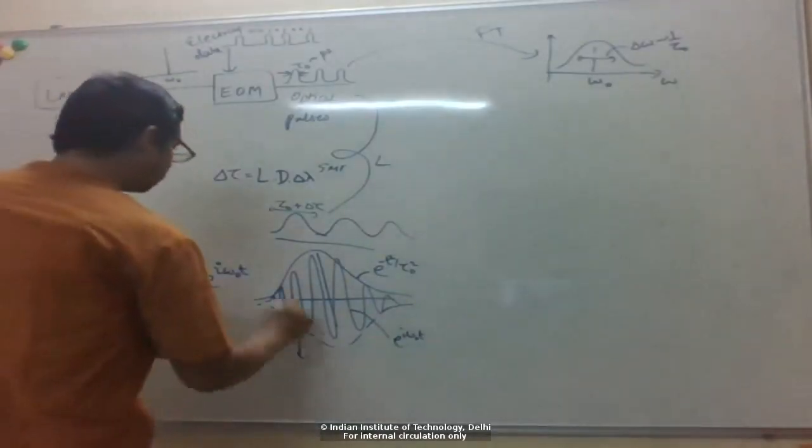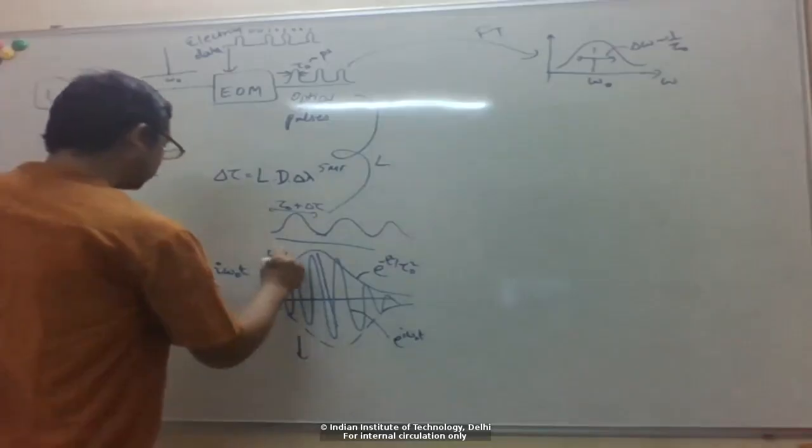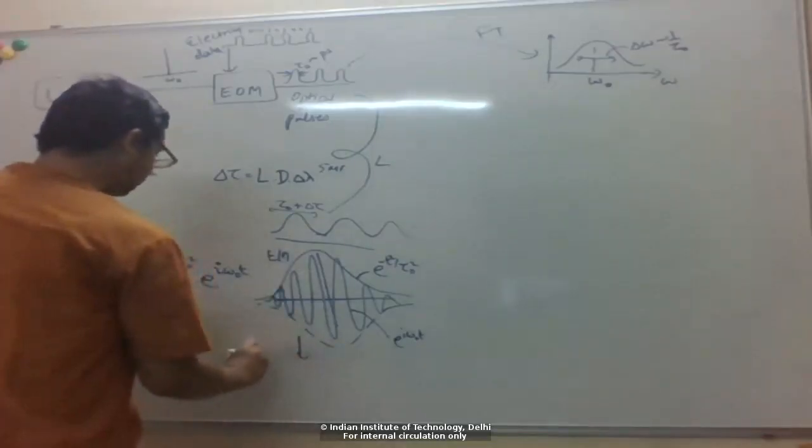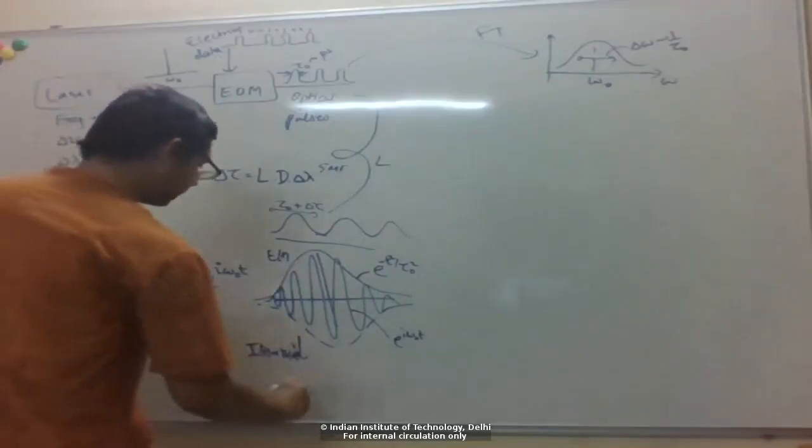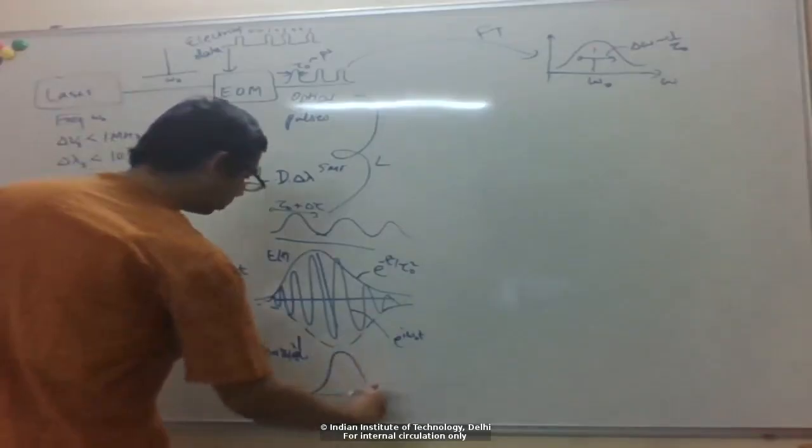If you take the mod square, that gives you the intensity, which will just look like the envelope.